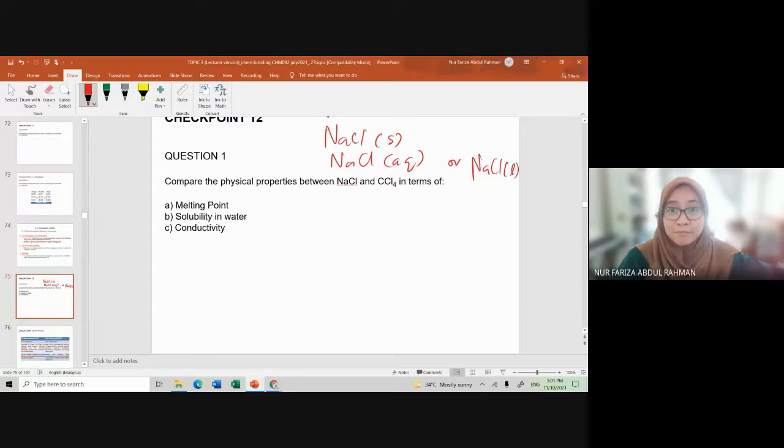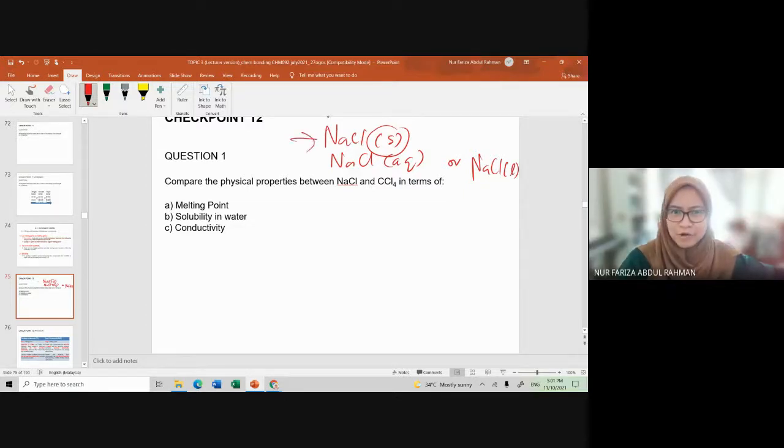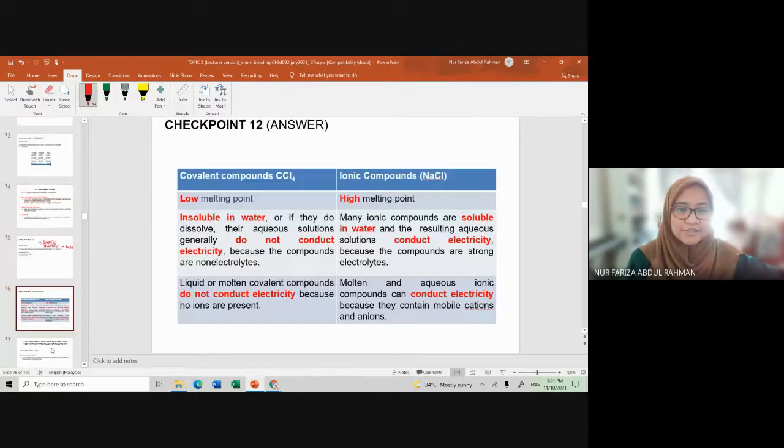Okay, the critical part is the free moving ions. Kalau dia dalam keadaan solid, ions ada, but they are not mobile. Faham? Ion ada, free moving tak ada. So that's why solid sodium chloride cannot conduct electricity. Okay? Alright. So this is the answer.